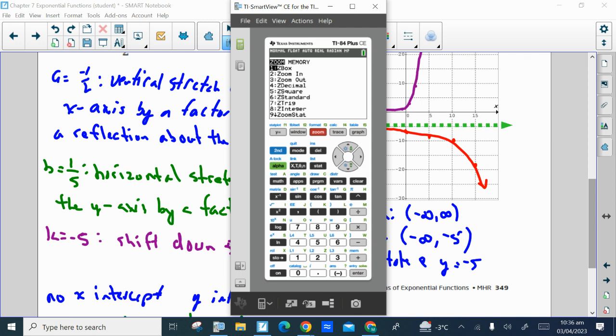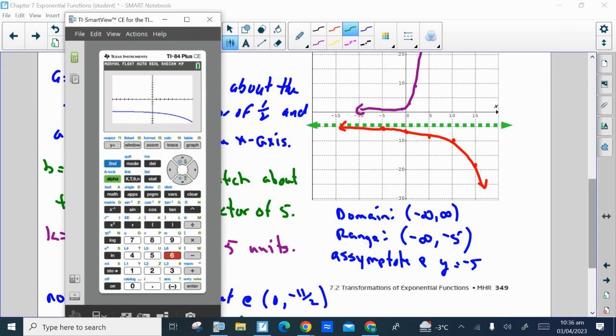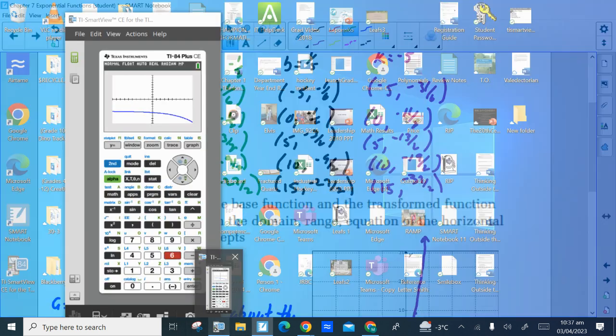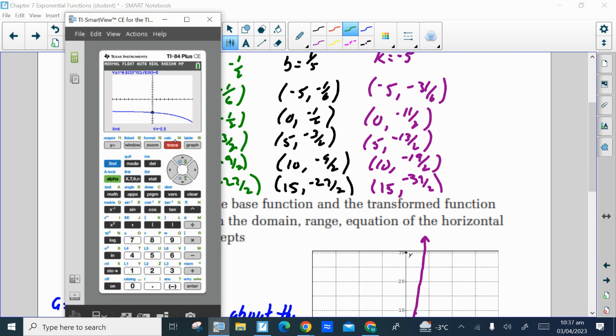I go zoom 6 to set my windows to their standard settings. And if I go into the trace mode, we can check these points that we generated. When x is negative 5, y is negative 5, and that 0.16 repeating is 1/6.